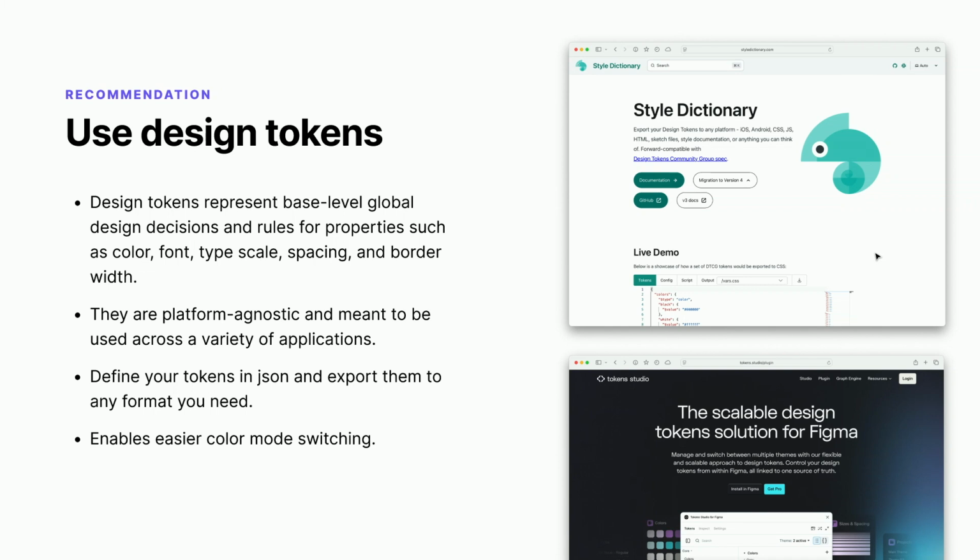So these are like the base level global design decisions. And I'm using a tool called Style Dictionary. It's an open source framework. It's pretty much the industry standard. It's very scriptable, and it also has a lot of built-in transformations as well.